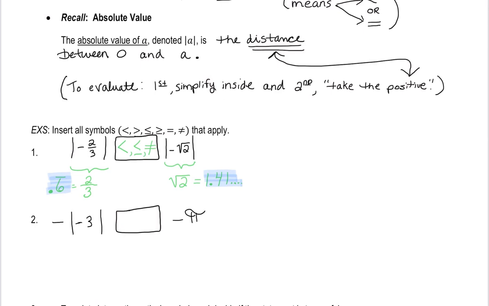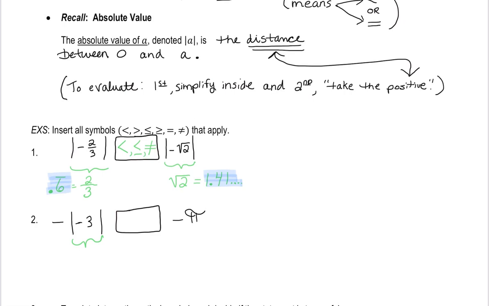So here's something on the left-hand side as we evaluate this I want you to be careful of. First, if there was anything to simplify inside the absolute value bars, you would. There's not. So we're going to be able to first just evaluate that absolute value. So this is crucial.